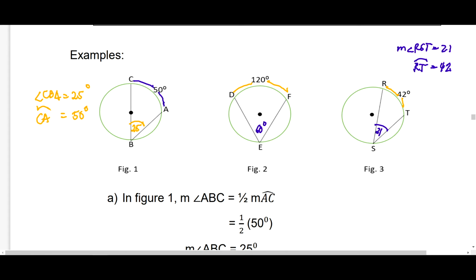And dito is angle DEF, inscribed angle DEF. The measure of angle DEF is equal to 60. So, yung intercepted arc niya times 2, that's 120 degrees. Kapag galing sa arc, divide. Kapag galing sa angle, multiply.